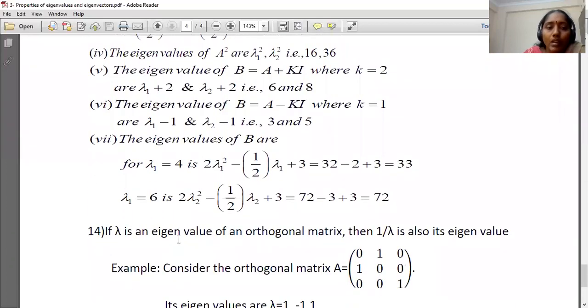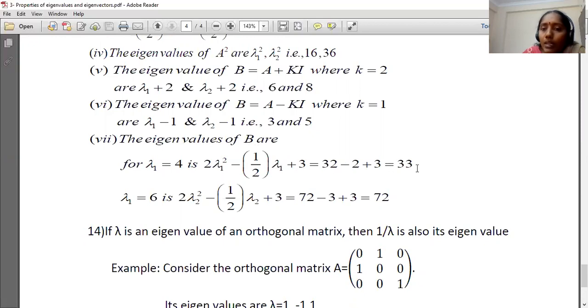Here, the eigenvalues of B, where B is defined as 2A square minus 1 by 2 A plus 3I. The eigenvalue corresponding to lambda 1 equals 4 is 2 lambda square minus 1 by 2 lambda plus 3.